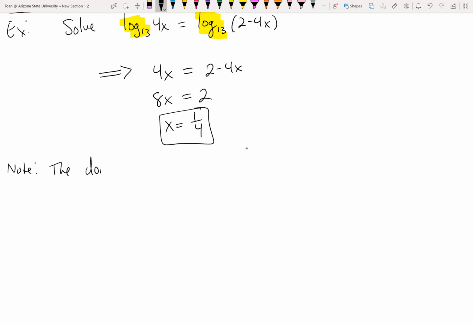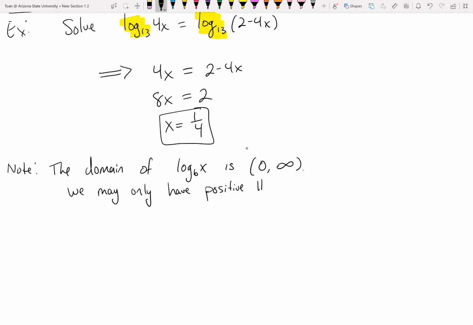The domain of log base b of x is 0 to infinity. In other words, we may only have positive numbers inside logs.